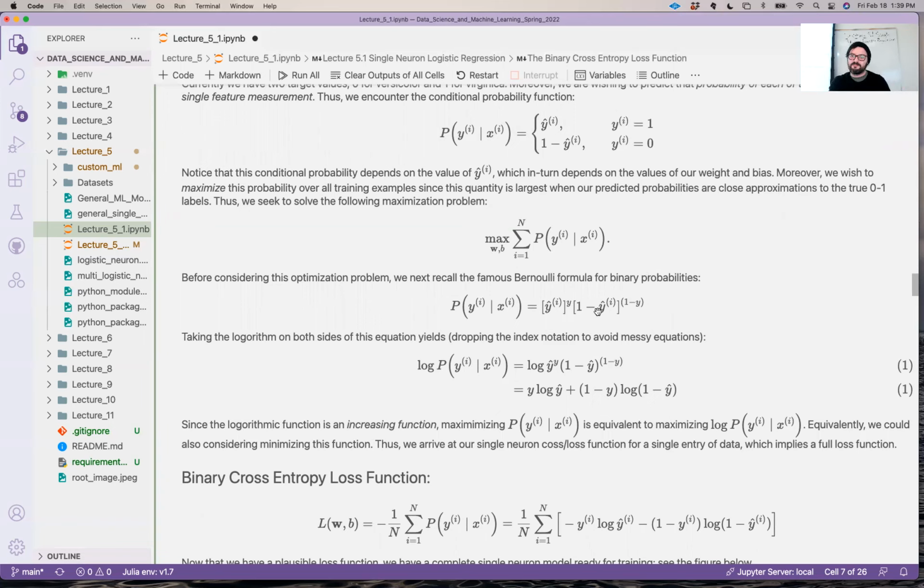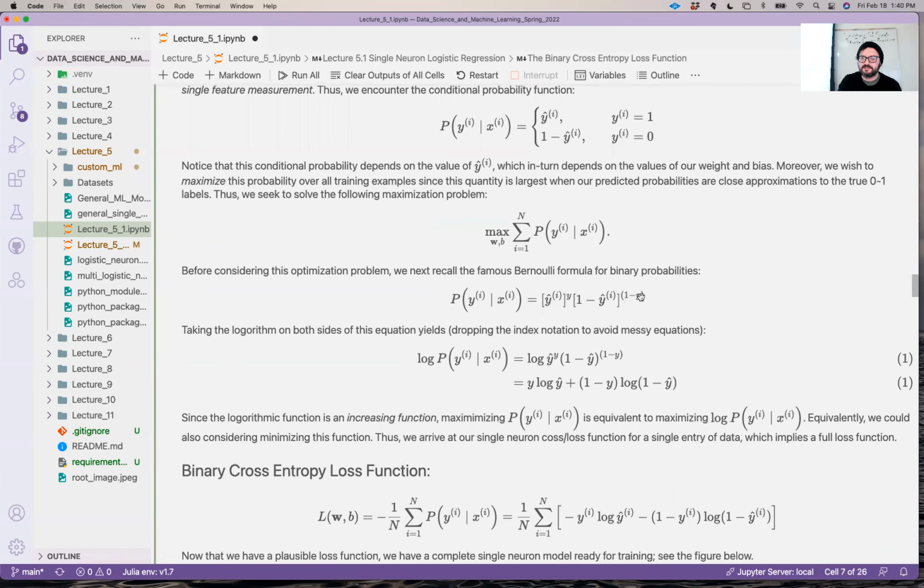In our form, we know that y hat is the probability and 1 minus y hat is the complement's probability. So this is the form of this conditional probability just by applying Bernoulli's equation, which I should have just stuck in here so that we could see. Literally, that's all it is, plugging in p and then 1 minus p.